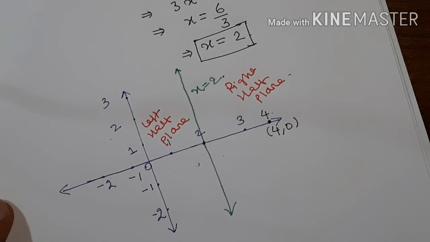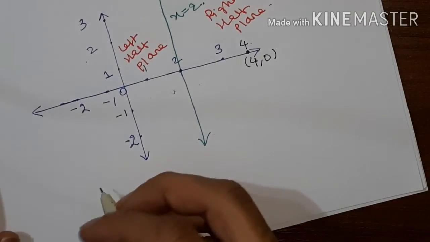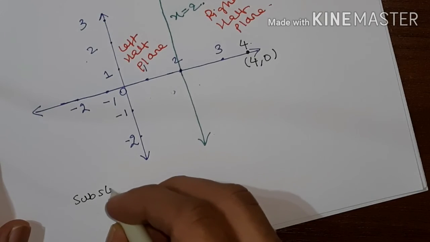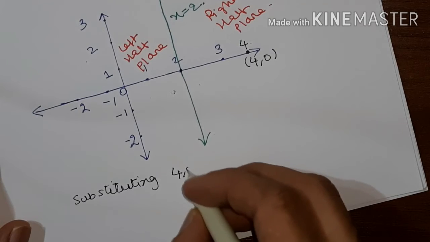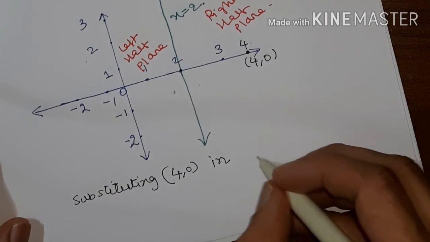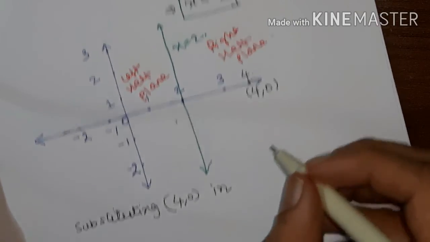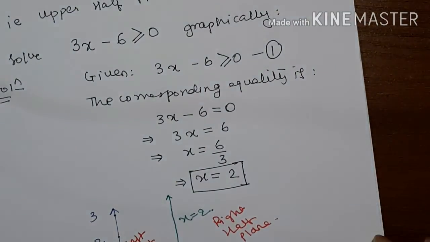Now substituting 4 comma 0 in the LHS of the inequality, which is this. We will call it 1.